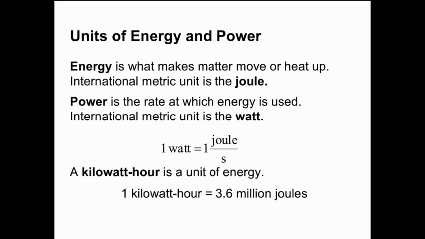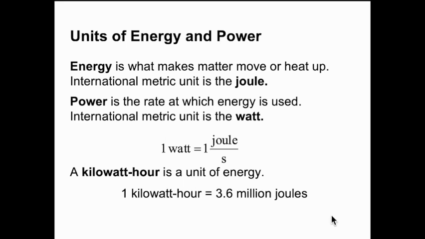So when we use 1 joule in a second, that's the rate in which we use energy, which is equivalent to 1 watt. When we talk about a kilowatt hour, that's also a unit of energy, but we take the kilowatts and we multiply it by the hour. And that's what that hyphen means. A lot of times that hyphen in mathematics means multiplication.